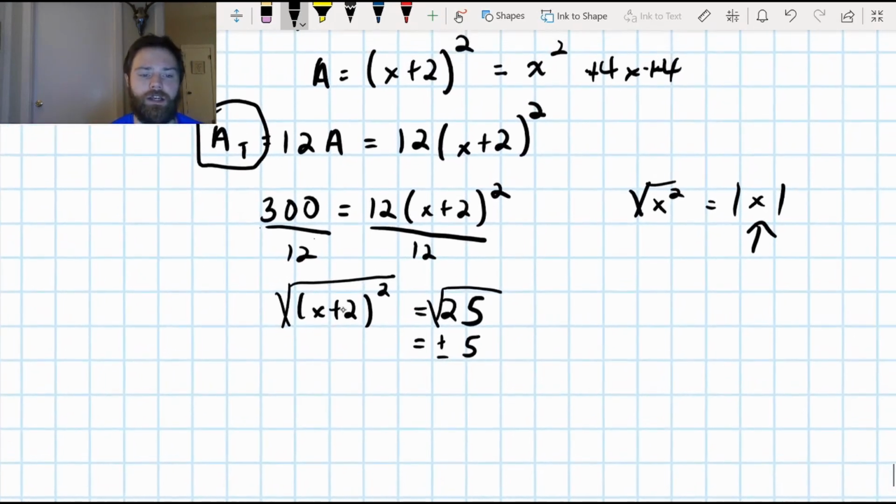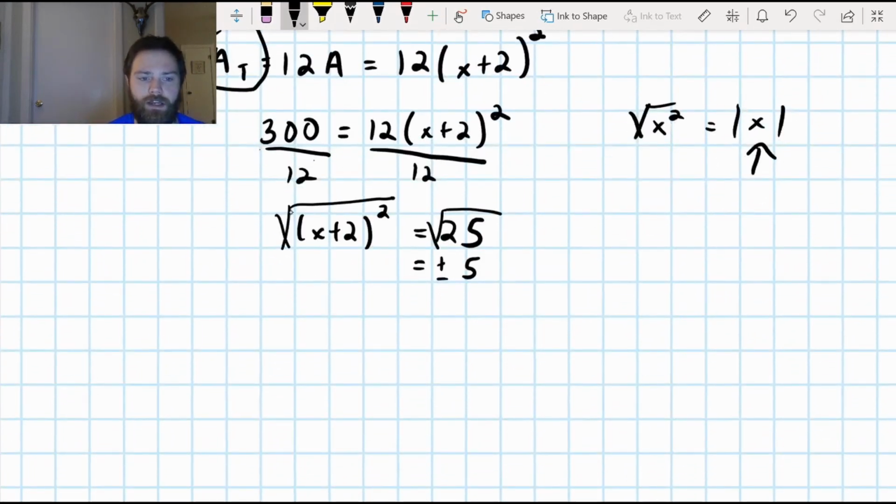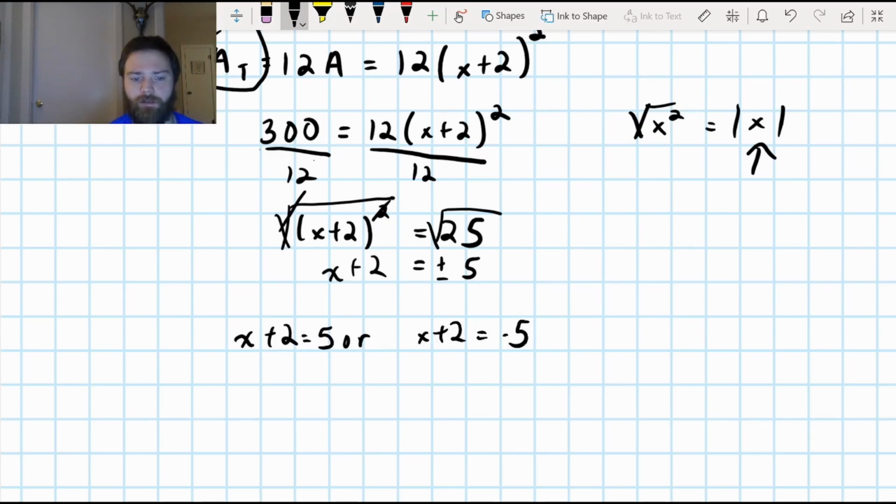So if I take the square root and undo this square, I've got plus and minus 5 down here, and I've got X plus 2. So this gives me two solutions. X plus 2 equals positive 5, or X plus 2 equals negative 5.